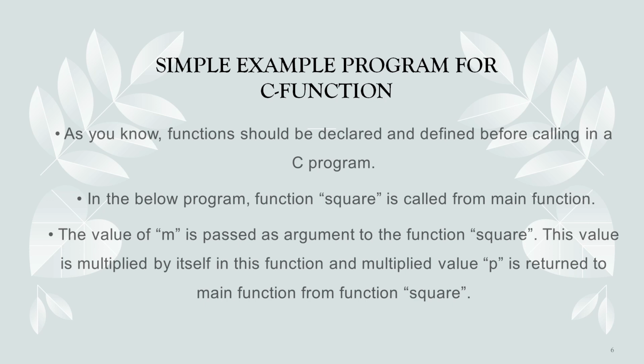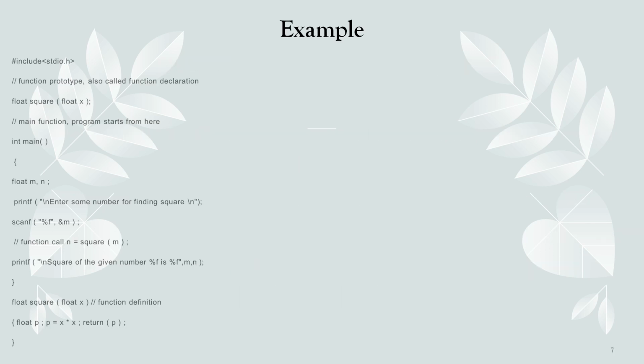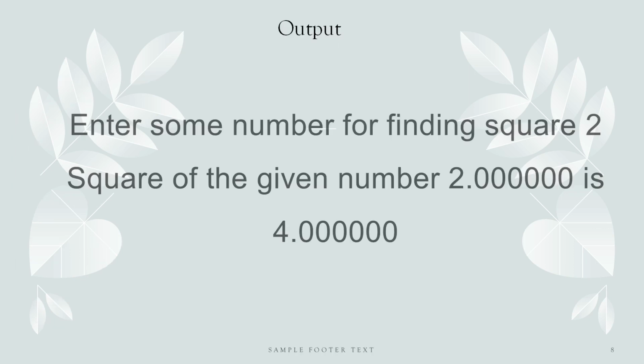This value is multiplied by itself in this function, and the multiplied value p is returned to the main function. Let us see the example. The output: we can enter some number for finding the square, 2. The square of the given number 2 is 4.